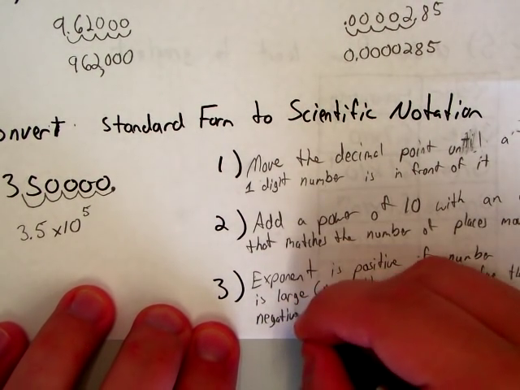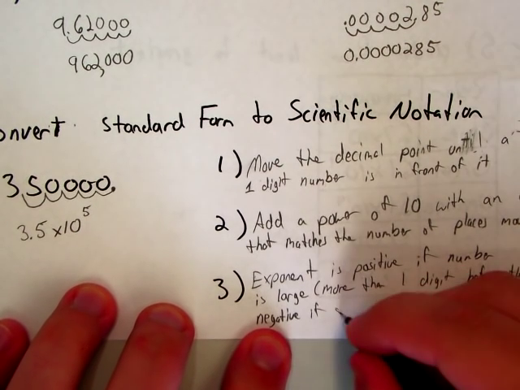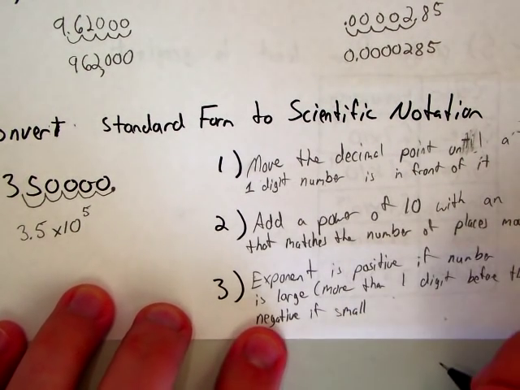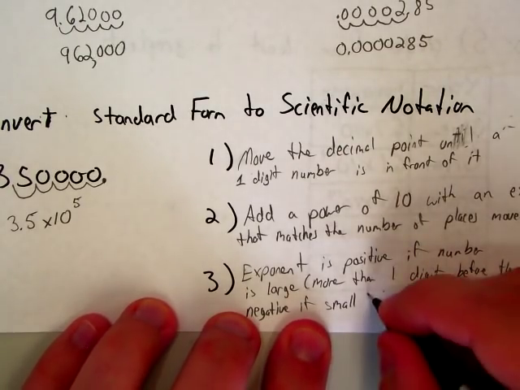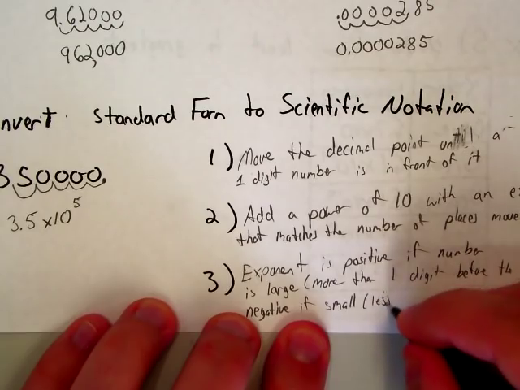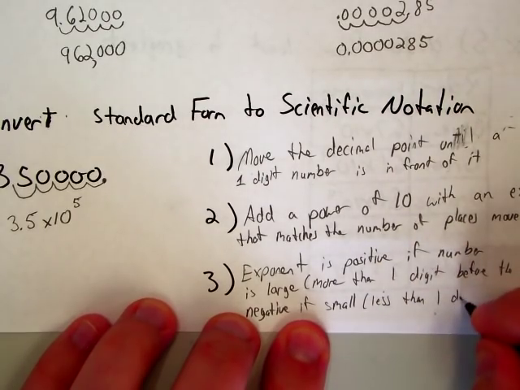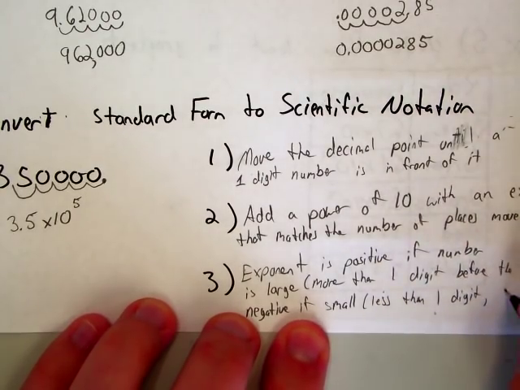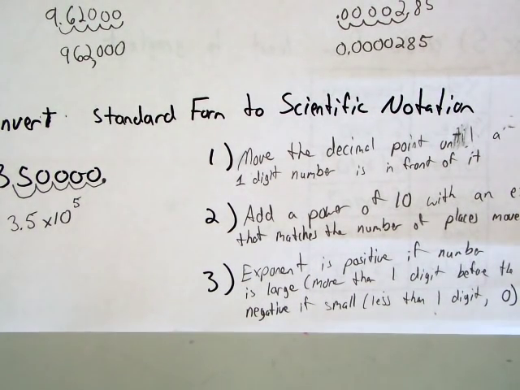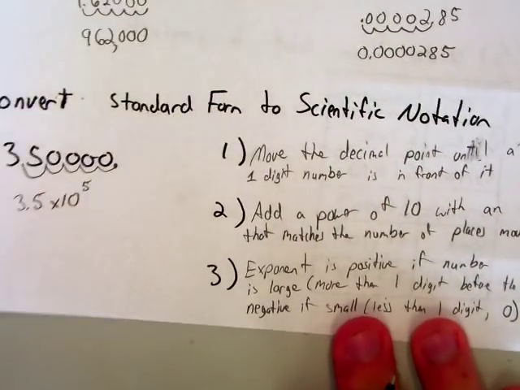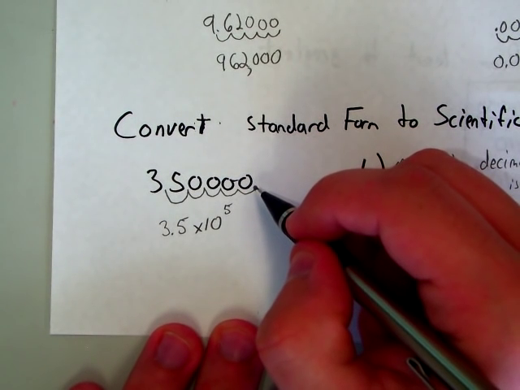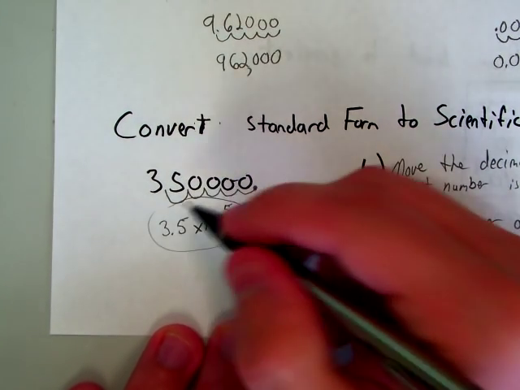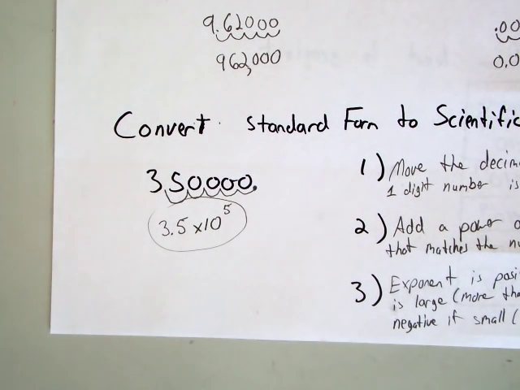And it's negative if small. What I mean by small is less than 1 digit, essentially a 0 before the decimal. So this number was large. It had more than 1 digit before the decimal point. So this is going to be a positive exponent.